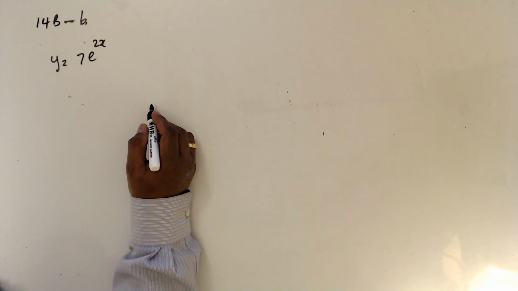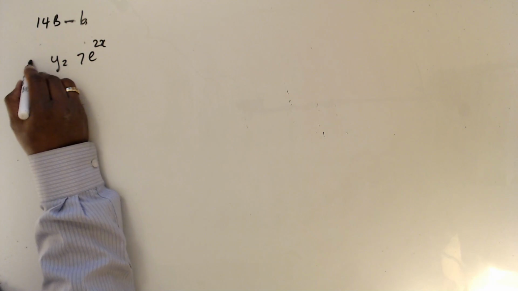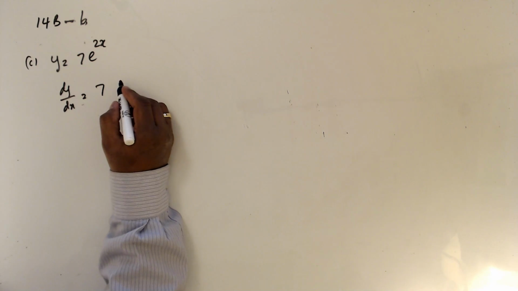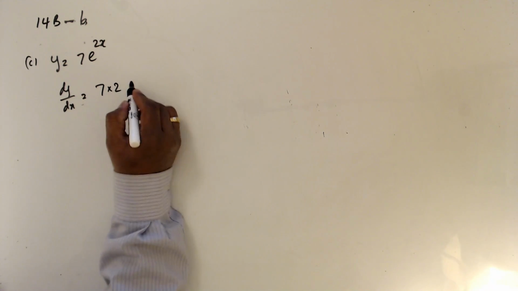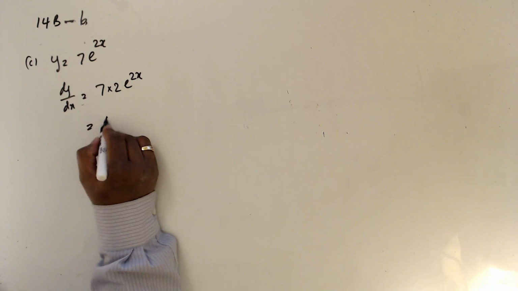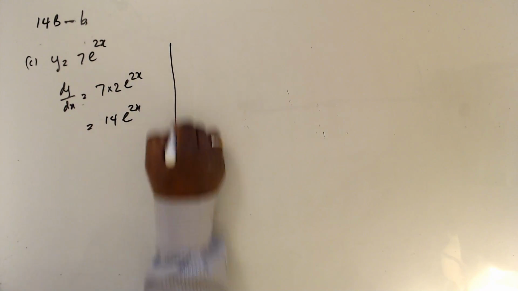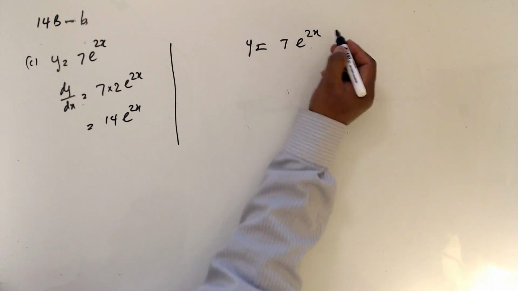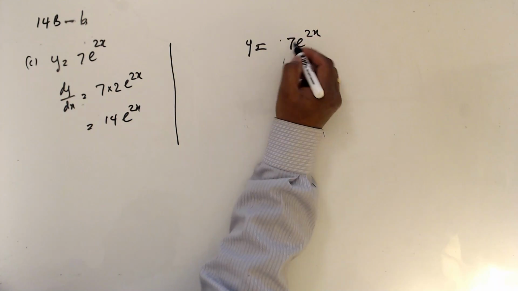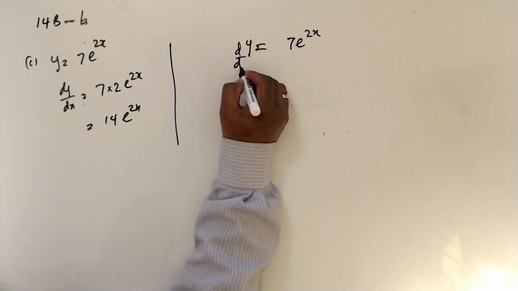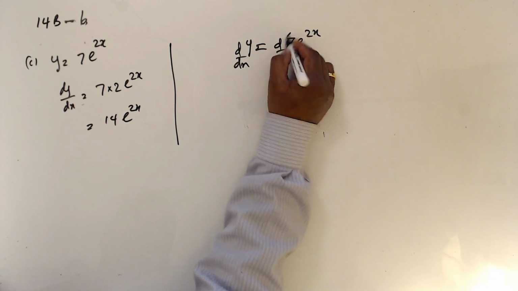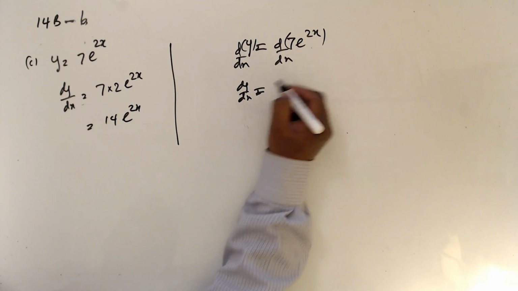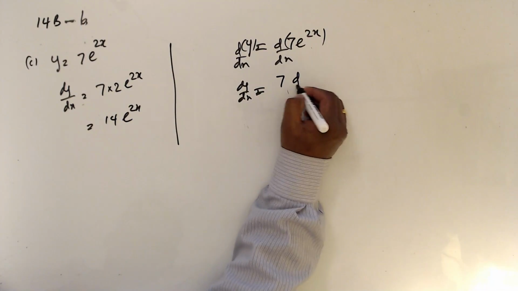The other sum, part C: dy/dx is 7 times 2 e^(2x), which is 14 e^(2x). Now y equals 7 e^(2x). So introduce the operator d/dx. So dy/dx, then the constant you can't do anything with, you have to take the constant out.